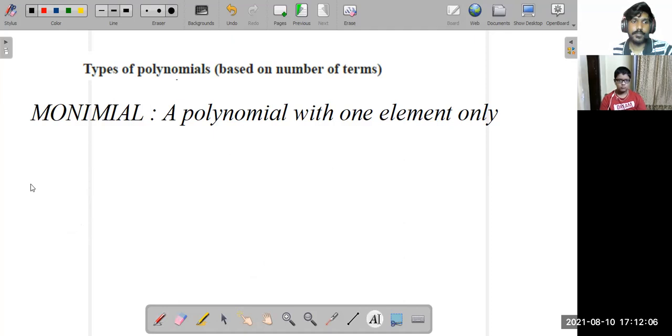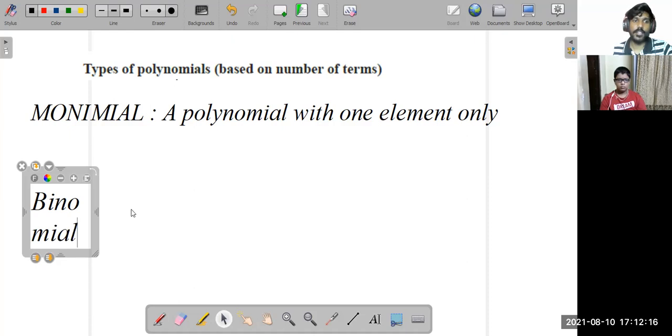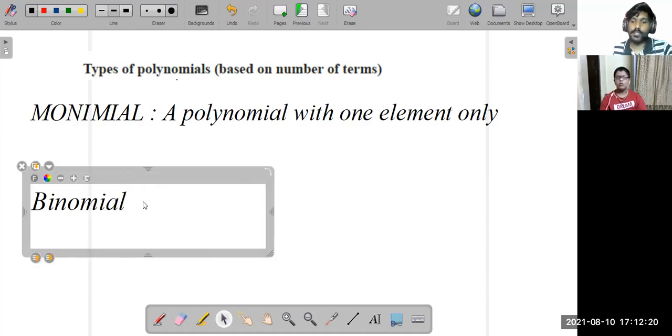Second is binomial. What is a binomial? Now, monomial means one term. Binomial means how many terms? Two terms.